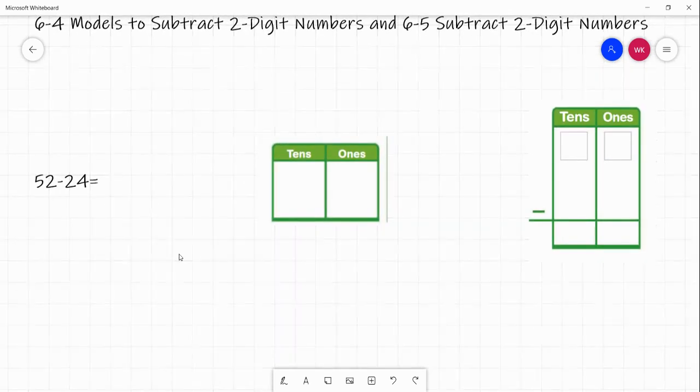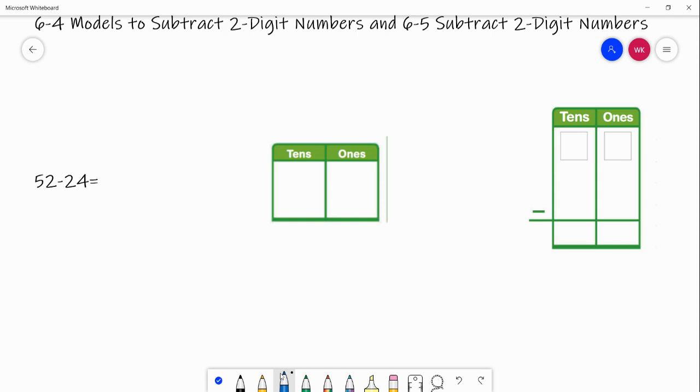My first problem, so we are doing two-digit numbers. So we are subtracting 52 minus 24. So I'm going to go ahead and show our tens and our ones first. So I have the number 52, and we have 5 in the tens place and 2 in the ones place.